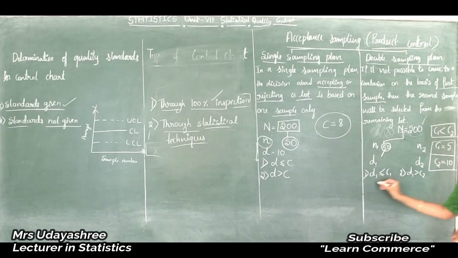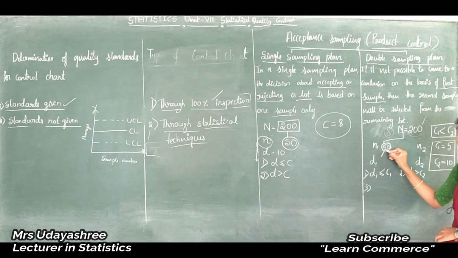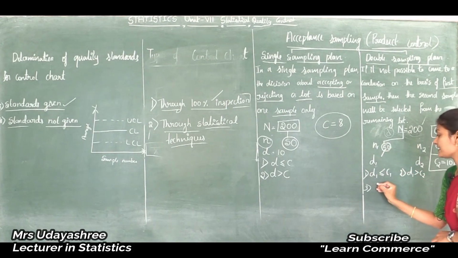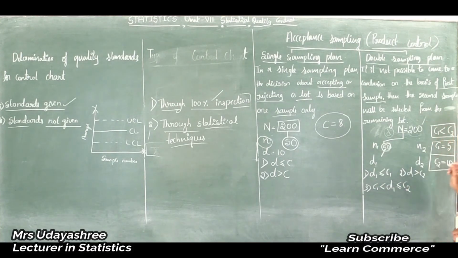Next, after examining each and every sample in the first set of samples, if I get the condition like this, C1 less than D1 less than or equal to C2, in the sense what, the first acceptance number is less than the number of defectives in the first sample set, which is less than or equal to the second acceptance number of 10.